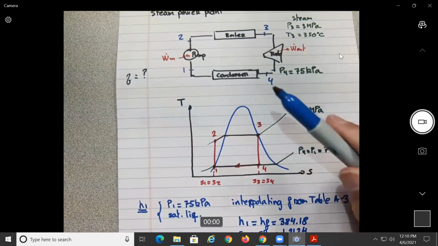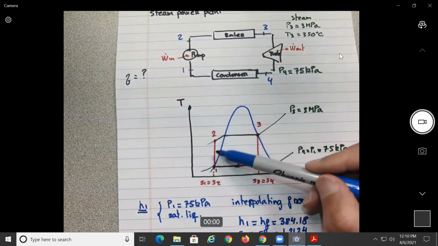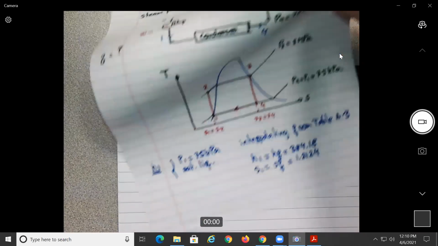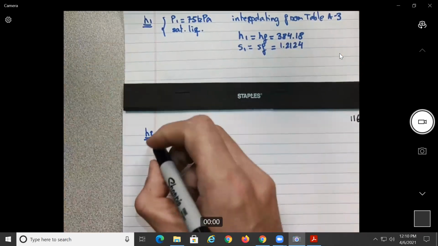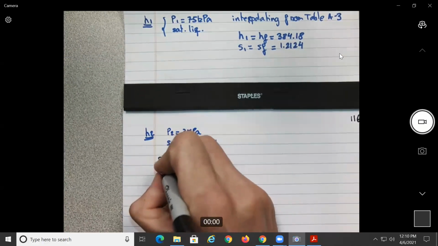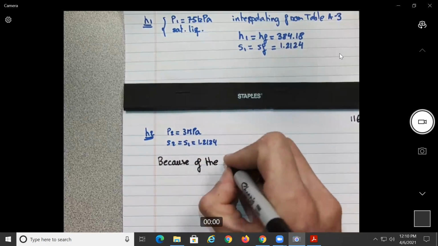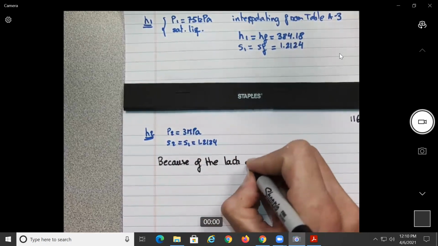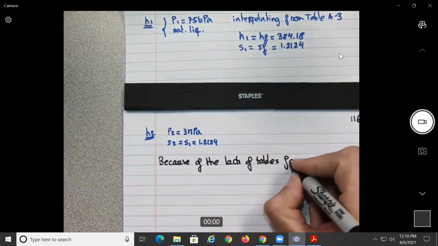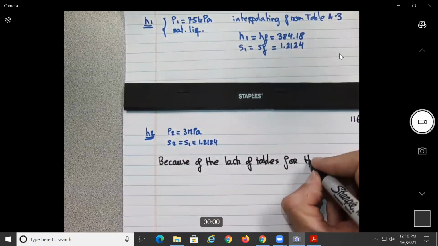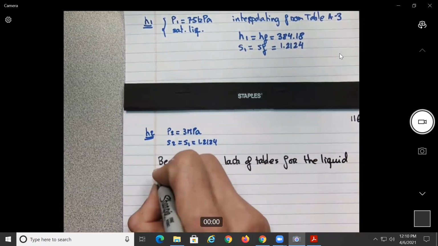Okay, so the reason is because there is no table for this area here. Okay, so what we're gonna have to do is this. Because of the lack of tables for the liquid region.